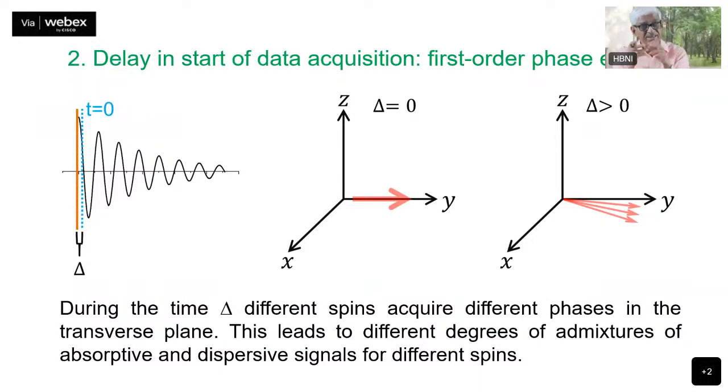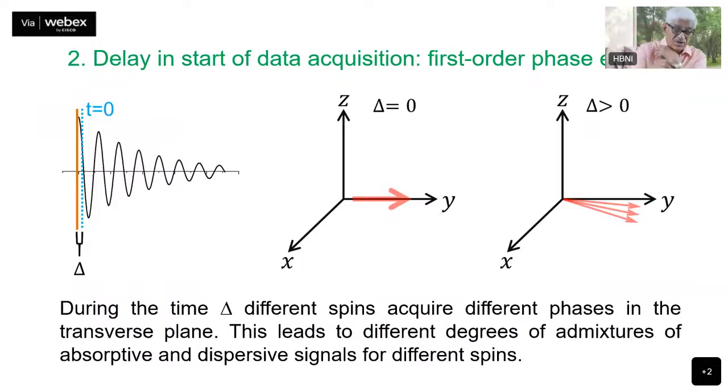Now there is a second source of error in the phase, and this is delay in the start of data acquisition. This is called the first order phase error. Why does that happen? This again comes from the Fourier transformation artifact.